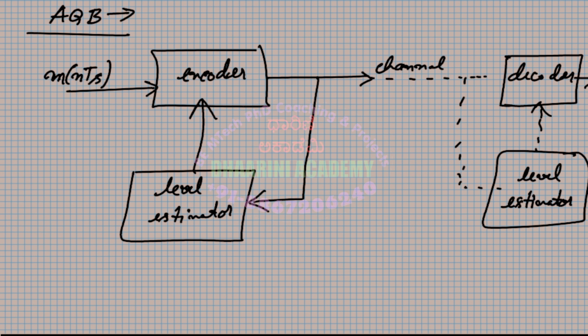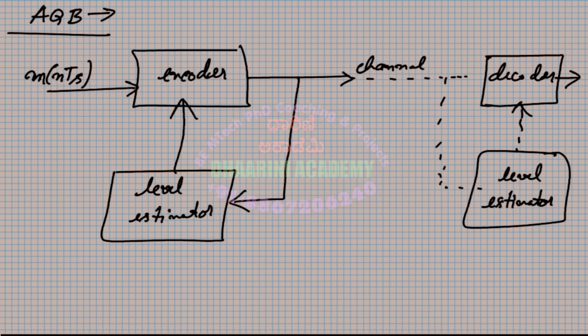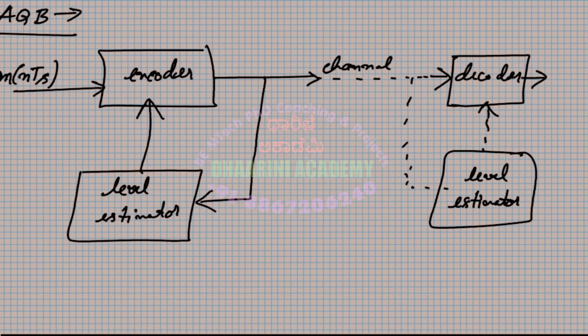The decoder will decode by looking at these two signals: whatever is received from the channel and whatever is received from the estimator, it will provide you an output according to that. I'll just write output here. So this is what is going to happen. This is the simplified block diagram representation of the forward and the backward estimation that is going to happen inside the adaptive quantizer.